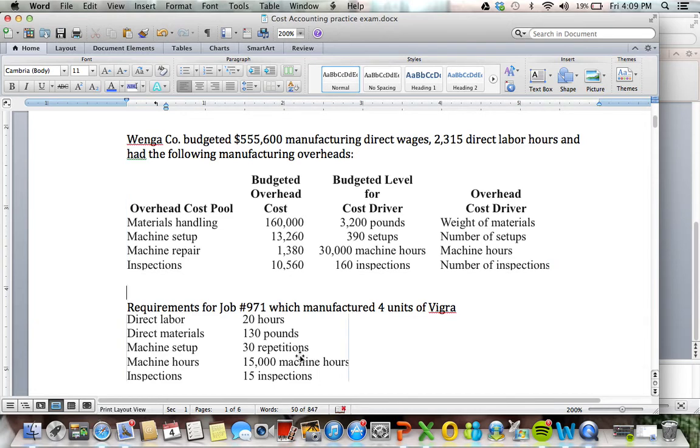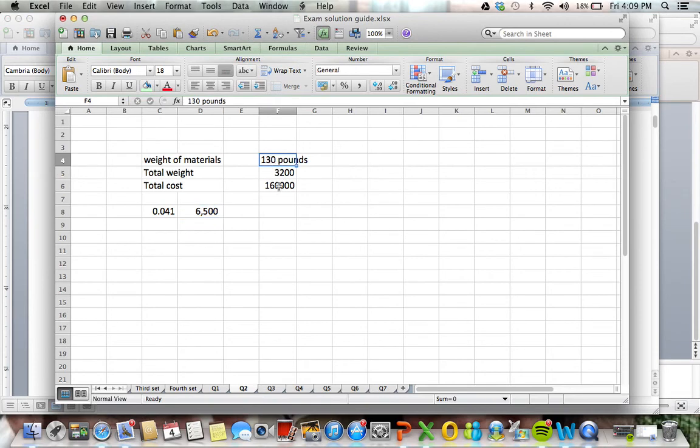So weight of materials for the job is 130 pounds, but how much is it going to draw from the total budget? Total budget is 3,200 pounds. So what's 130 out of 3,200? That's why I'm dividing 130 by 3,200. I get about 4.06% of this total budget.